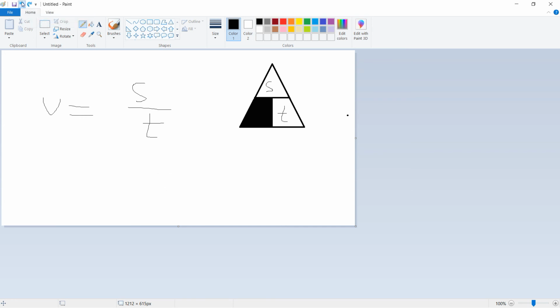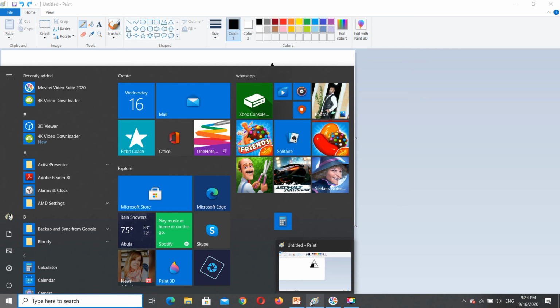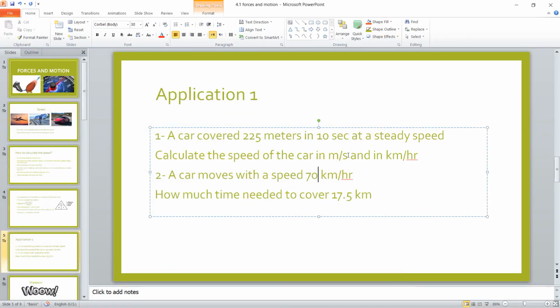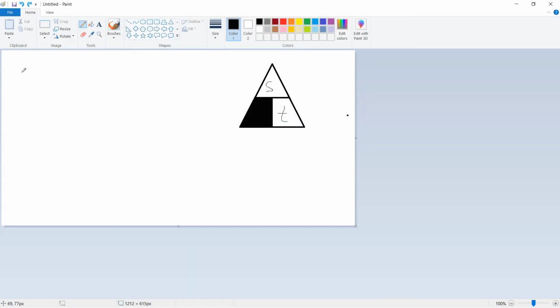Or before that, I must convert the speed into kilometers per hour, because the question asks for meters per second and kilometers per hour. So what is the speed V? It was 22.5 meters per second.